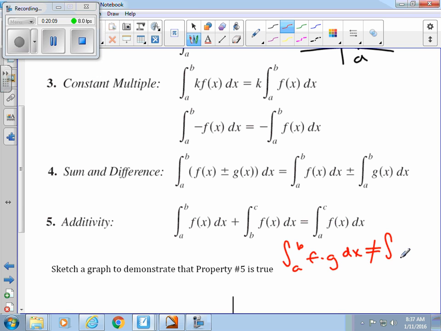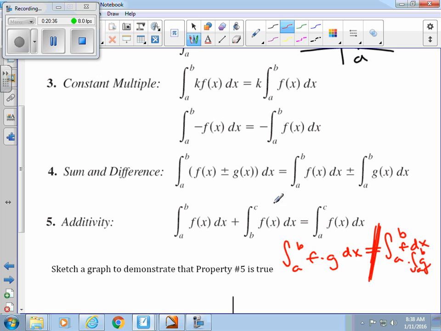So this is not equal to F times G. Okay. Not the same, not a property. Division is not a property either. So what you need to know, write it down. We have no properties for multiplication and division.